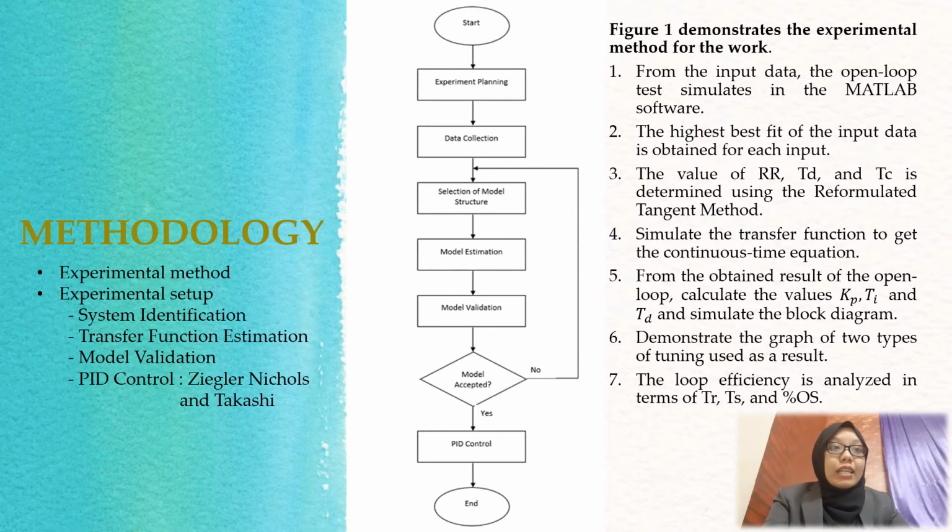Next is the model validation, where we identify the values of Kp, Ti, and Td from the transfer function, and if the model is accepted, implement the PID control so that in the final result we will obtain the rise time, settling time, and percent overshoot of each input data.